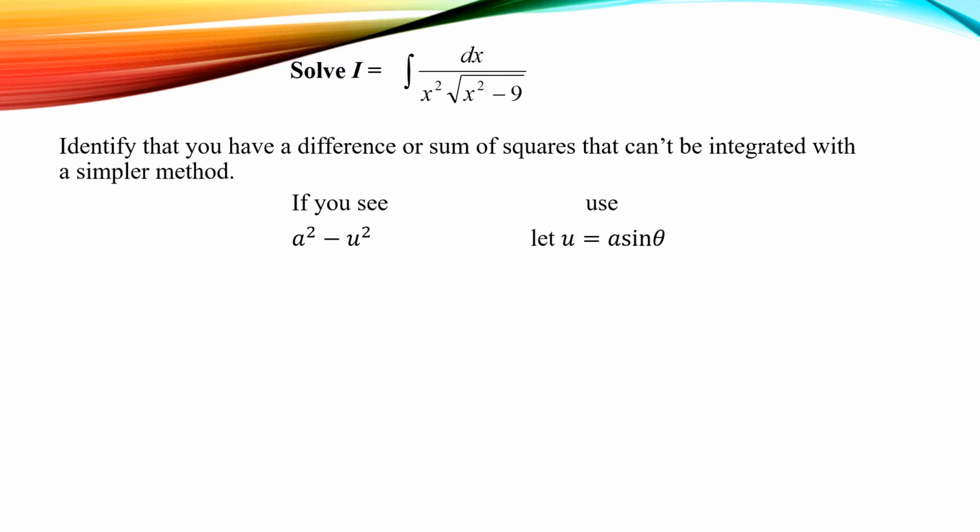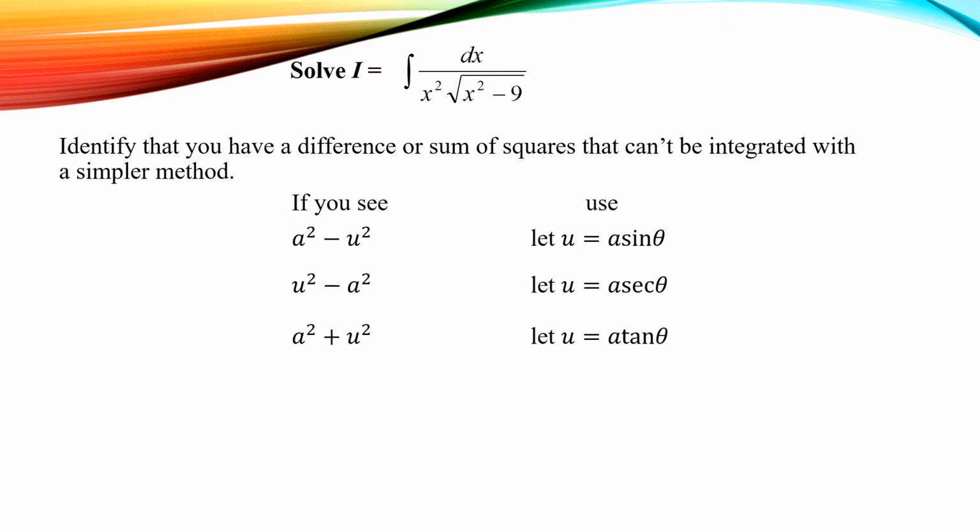That's the u equals a sine theta substitution. The difference of squares where you have the function first, u squared minus a squared, that's the u equals a secant theta substitution. And a squared plus u squared, the sum of squares, is the u equals a tangent theta substitution.